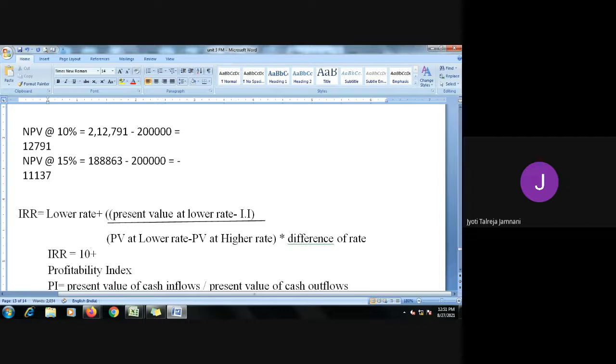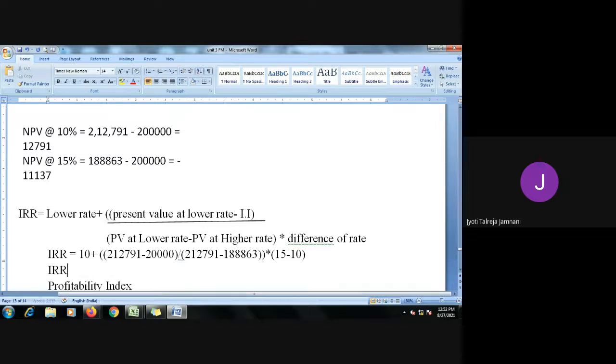So 10 plus present value at lower rate, that is 2,12,791 minus the initial investment, which is 2 lakh, divided by present value at lower rate, 2,12,791, minus present value at higher rate, 1,88,863. And all this we multiply with the difference of rate. So 15 minus 10, the difference of rate is 5%.